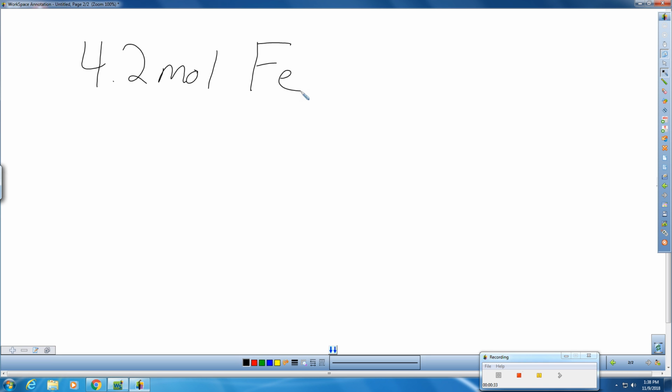What is the atomic weight of iron? 55.845. So if I have 4.2 moles of iron, how many grams is that? What's the equation that we're going to use there? Multiplied by.